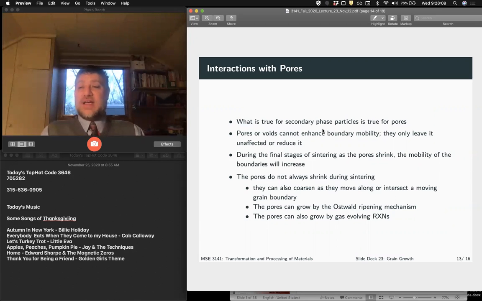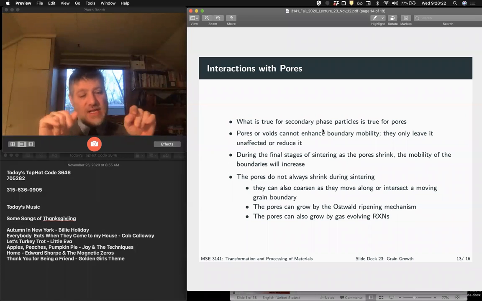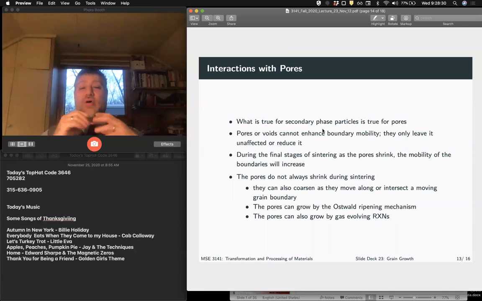So that's why we said that in sintering, when we get into final stage sintering and we don't have pore channels along the grain boundaries anymore, we only have pores at the grain corners, we suddenly get a big spike in mobility, right? Because we have all these pores that are acting essentially as pinning sites of the grain boundaries that are now gone. So during the final stages of sintering, the pores are going to shrink and the mobility of our grain boundaries is going to increase, okay?